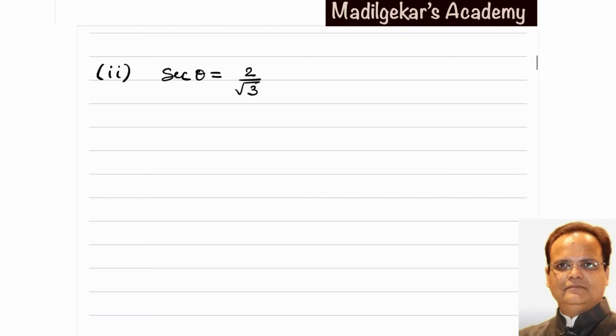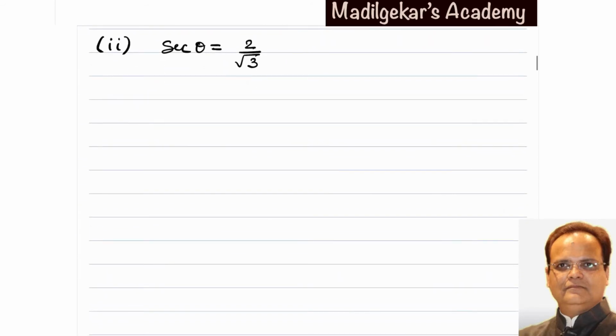Second example, sec theta equals 2 by root 3. We can convert it into cos and solve. Cos theta is root 3 by 2. So this implies theta equals pi by 6.